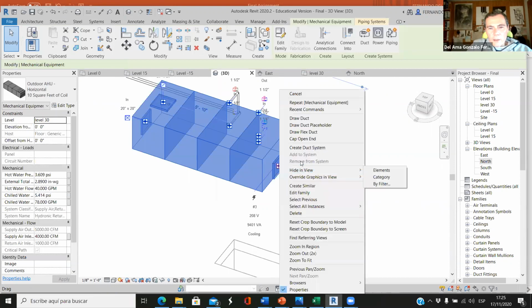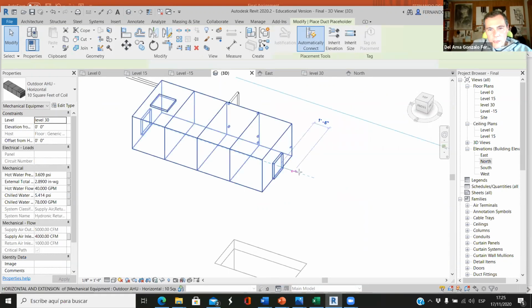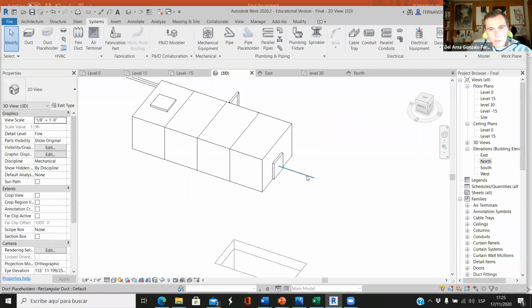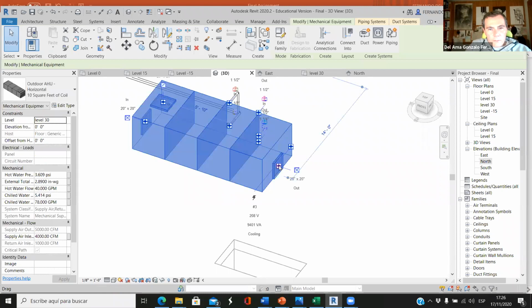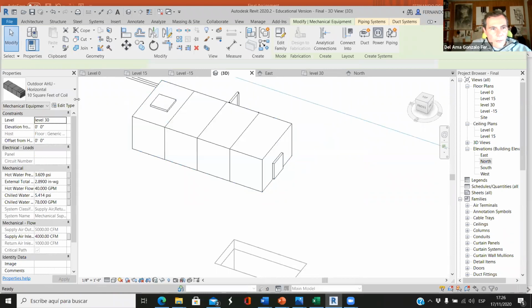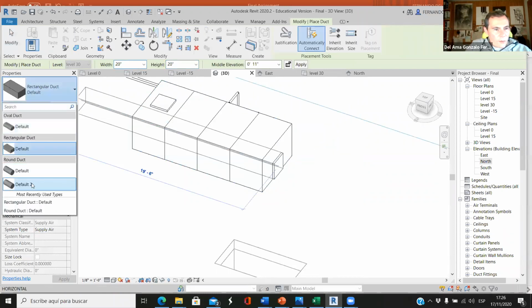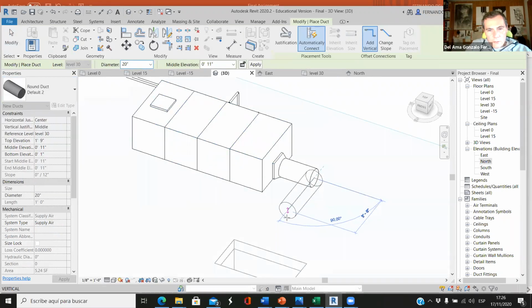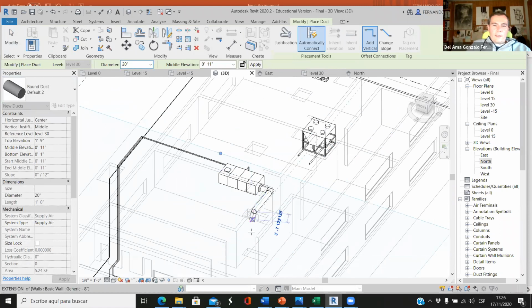So now we can draw this duct. But I want this to be round. Okay, round is better.